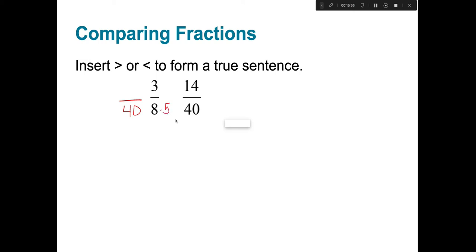Whatever I do to the bottom, Blake, gotta do to the top. What is 3 times 5? So which of these is a greater fraction? So I can just stick a little symbol like that in between those two. Pretty easy way to see that. Right?